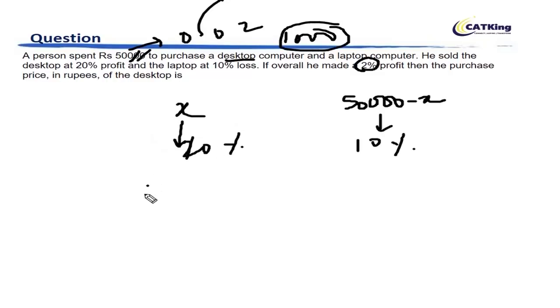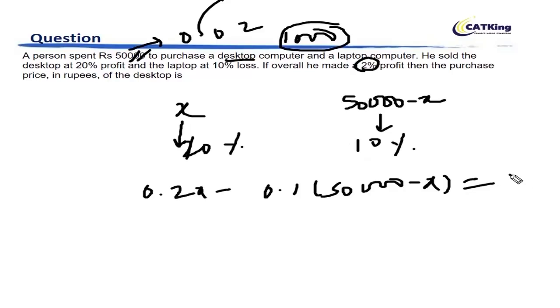So from here the profit is 0.2x, and from here the loss is 0.1 into 50,000 minus x. You'll have to take a negative sign, so minus 0.1 into 50,000 minus x. Overall the profit is 1,000, so you equate it to 1,000.